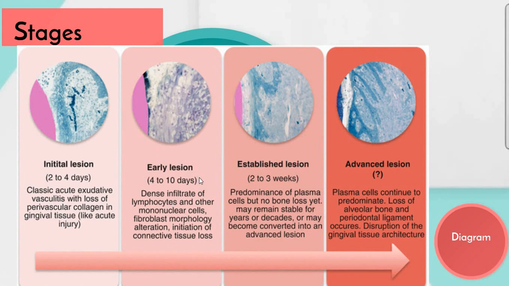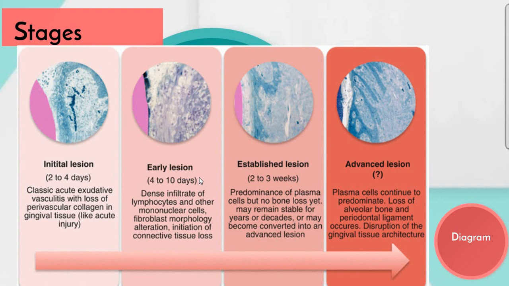If the early lesion is not treated by the daily oral care of the patient, the lesion may shift to the established lesion, which is the third stage of gingivitis. Here the lesion develops generally after 14 to 21 days of plaque accumulation.